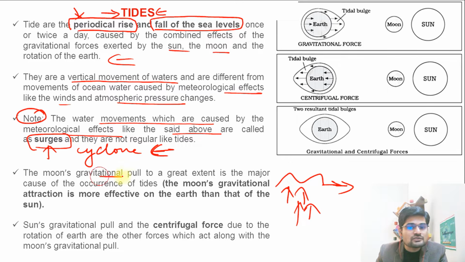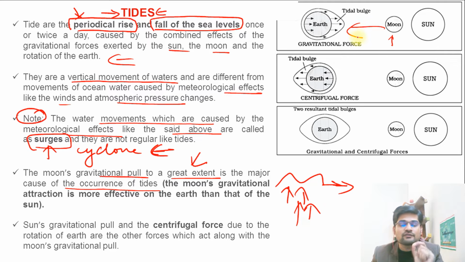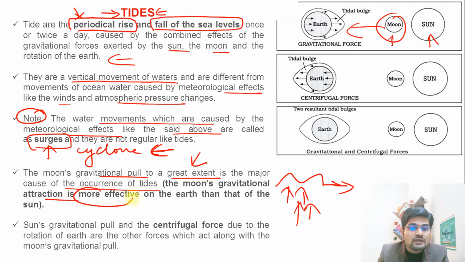So the moon's gravitational pull to a great extent is the major cause of the occurrence of tides, and many people think that only the moon is responsible. Now remember, this is a myth, and don't confuse yourself that only the moon is responsible. Remember, the sun is also responsible, not just the moon, but the moon's gravitational attraction is more effective. That is an important point to remember, because the sun is very far away, and remember the concept of gravity, the distance, right?